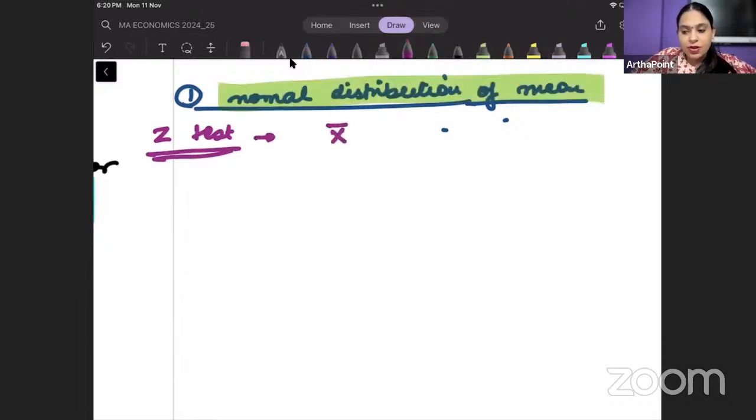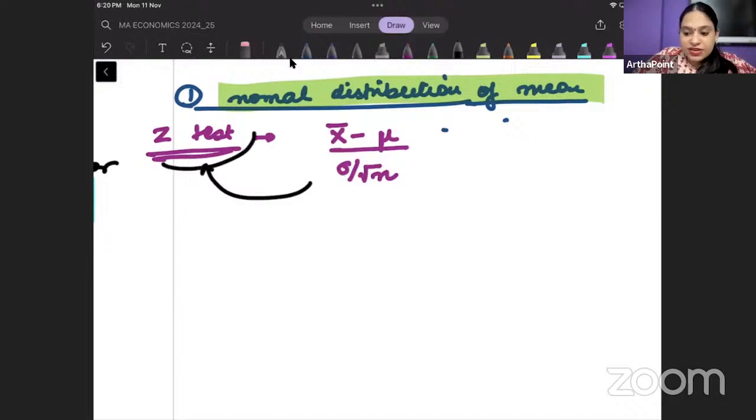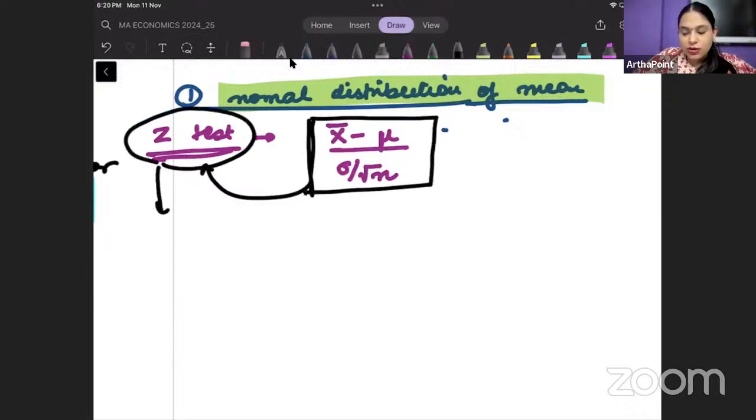X bar minus mu upon standard deviation by root n. We were able to do a Z test because we were saying that this distribution is normally distributed. जब भी हम Z test करते हैं उसका मतलब ही है कि it is normally distributed.